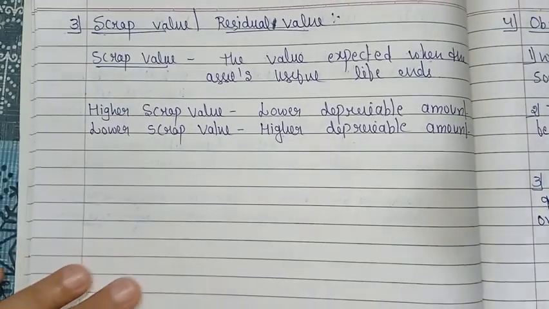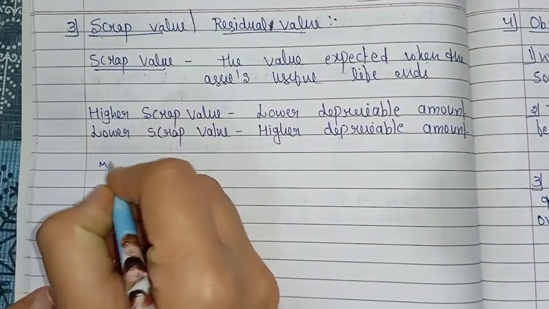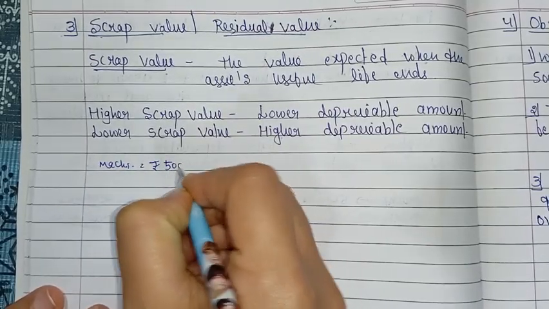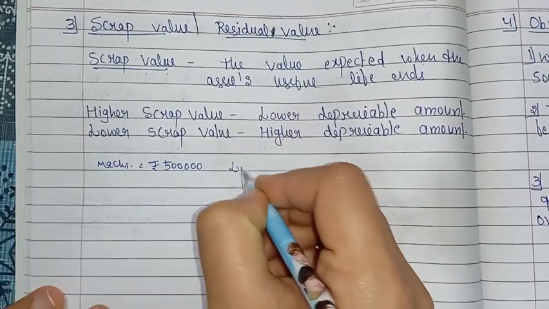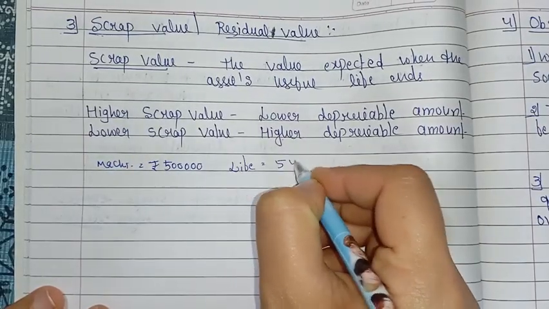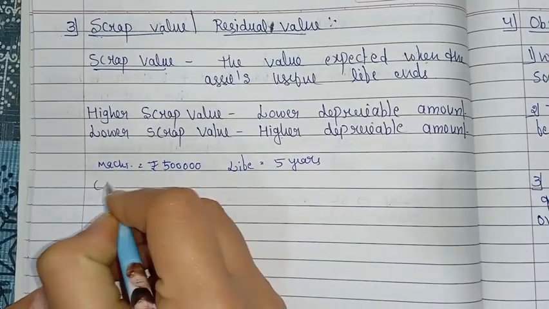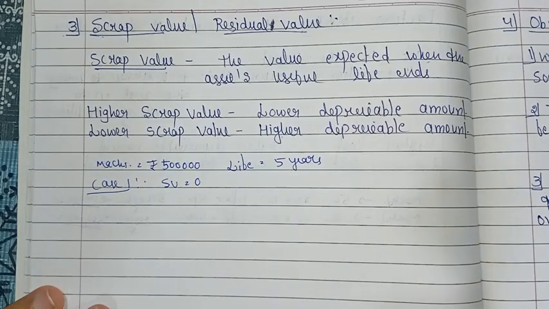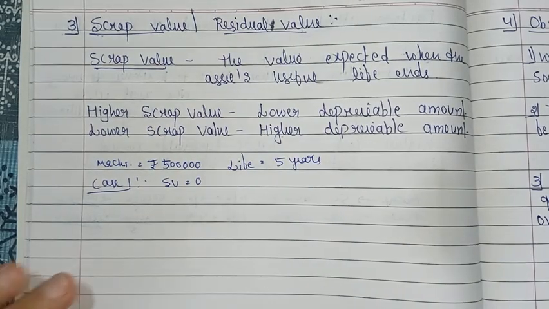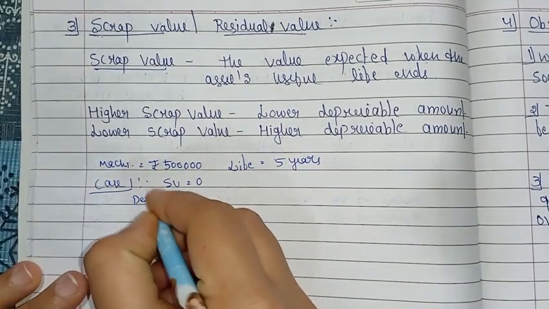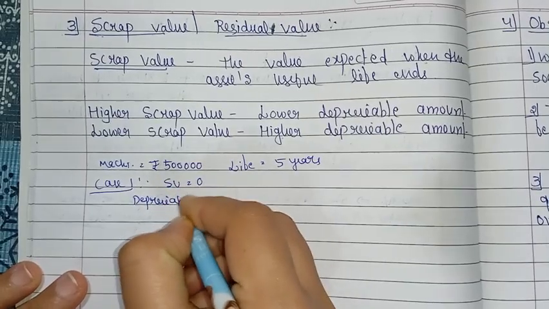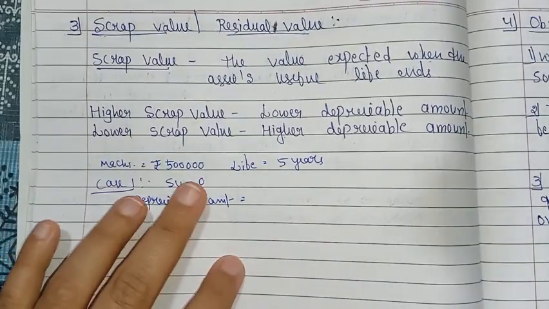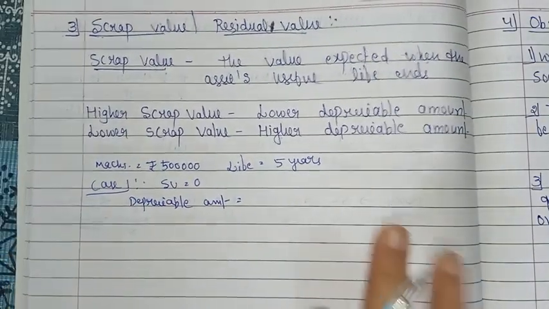Clear? So see the example here: machine cost rupees 5 lakh and life 5 years. In this case, first, scrap value is 0, meaning the value expected when the asset's useful life ends.